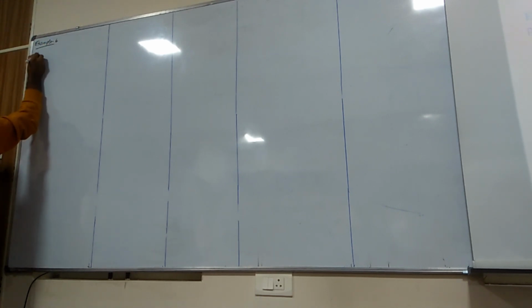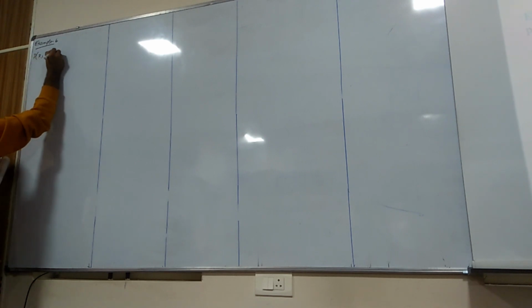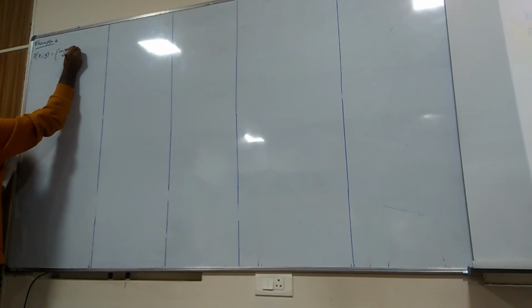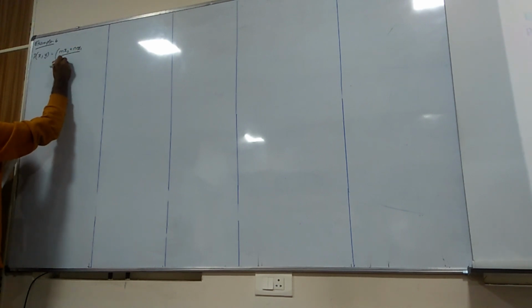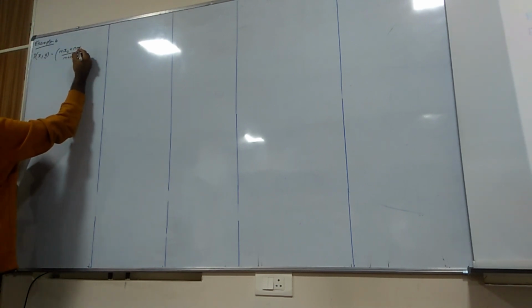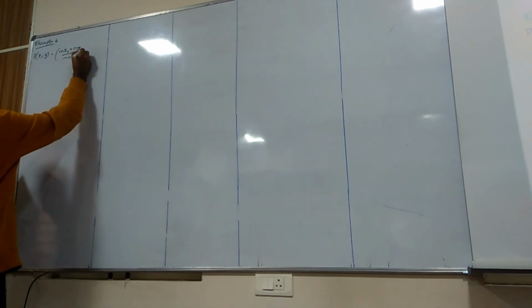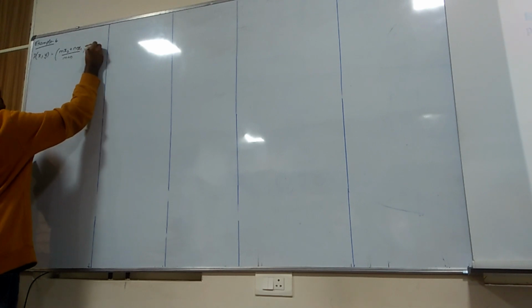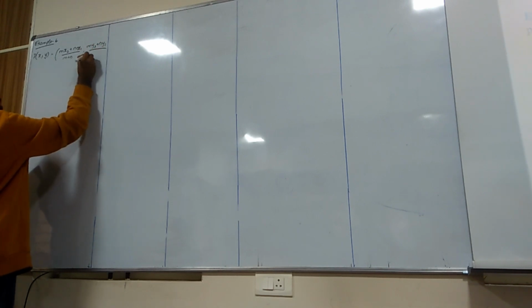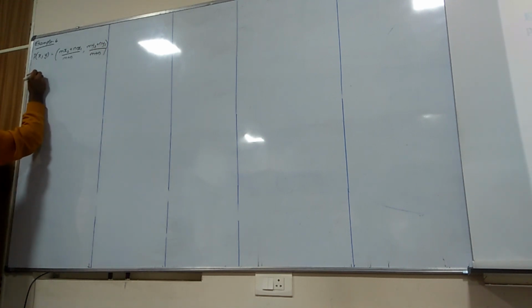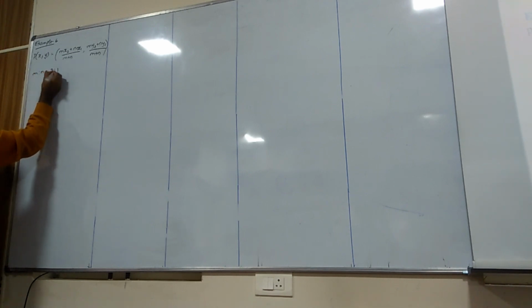Point P is given by the formula (x, y) equals (mx2 plus nx1) divided by (m plus n), comma (my2 plus ny1) divided by (m plus n). What is m is to n? 3:1.